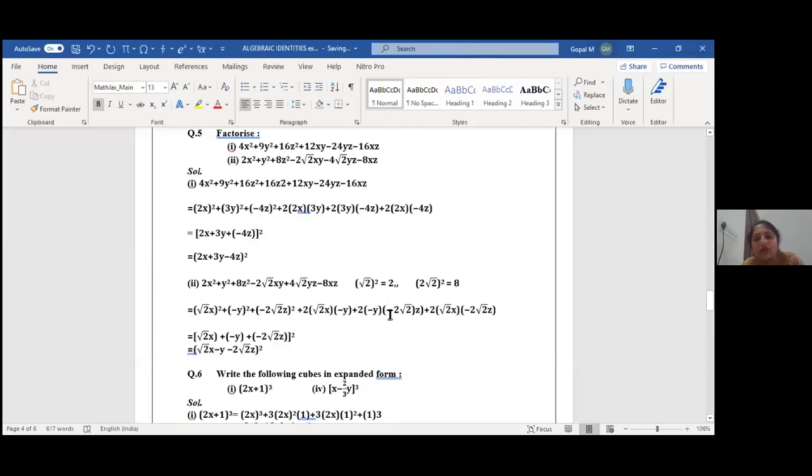Any doubt now? Maybe I'll check the question with the textbook, children. Once I got the A, B, C values, I write in the form of A plus B plus C whole square. Any doubt here? Shreyank, where is the doubt?